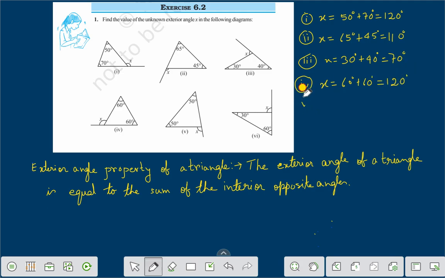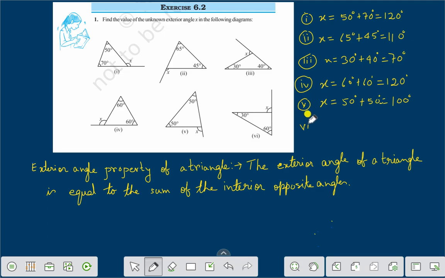Now in figure 5, you see here that this is the exterior angle and these are the interior opposite angles. Therefore, x can be written as 50 degree plus 50 degree, and that comes to 100 degree.